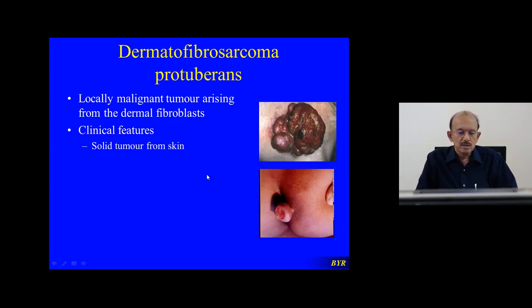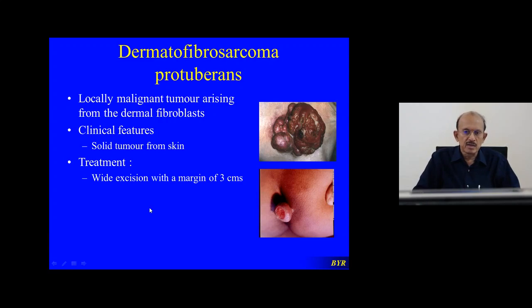Yesterday we learned solid tumors, the sweat gland tumors, the sebaceous gland benign tumors, the hair follicle cell tumors. So these are all the solid tumors. This dermatofibrosarcoma protuberans also manifests like the solid tumors of the skin. Treatment: wide excision with a margin of 3 centimeters, because this tumor has a tendency for recurrence, so it should be removed with a wide margin. Complications: recurrence if excision margins are inadequate.